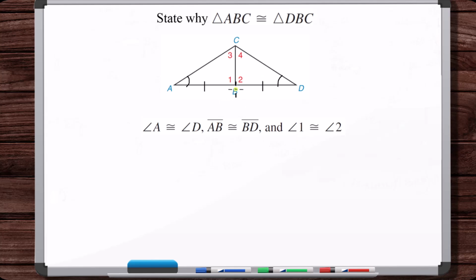And angle 1 is congruent to angle 2, which means that these are also 90-degree angles on either side, right? Now, we've also got equivalent sides here, so we actually have these two sides are congruent as well. And furthermore, since we have two angles that are congruent, then the third angles must be congruent. So we've got a lot going on here.